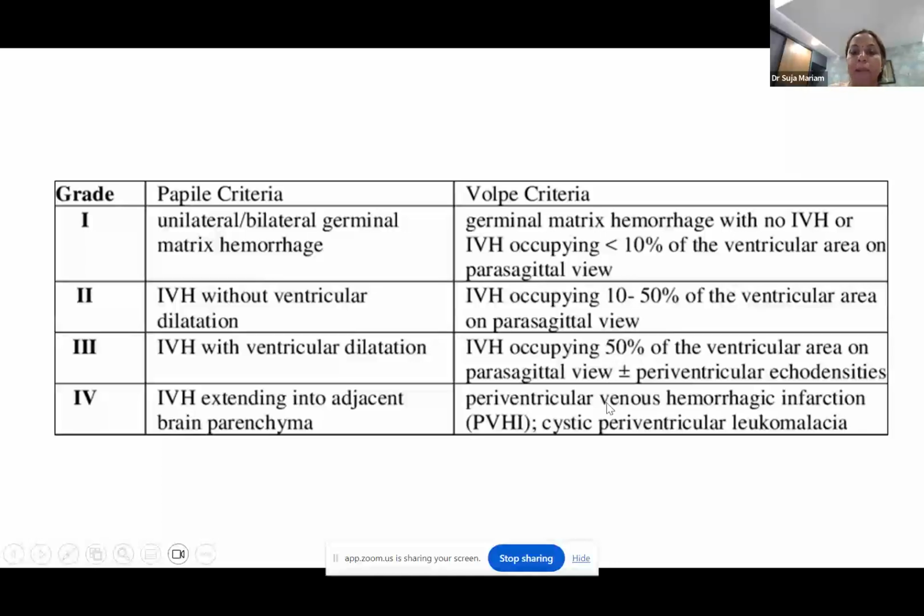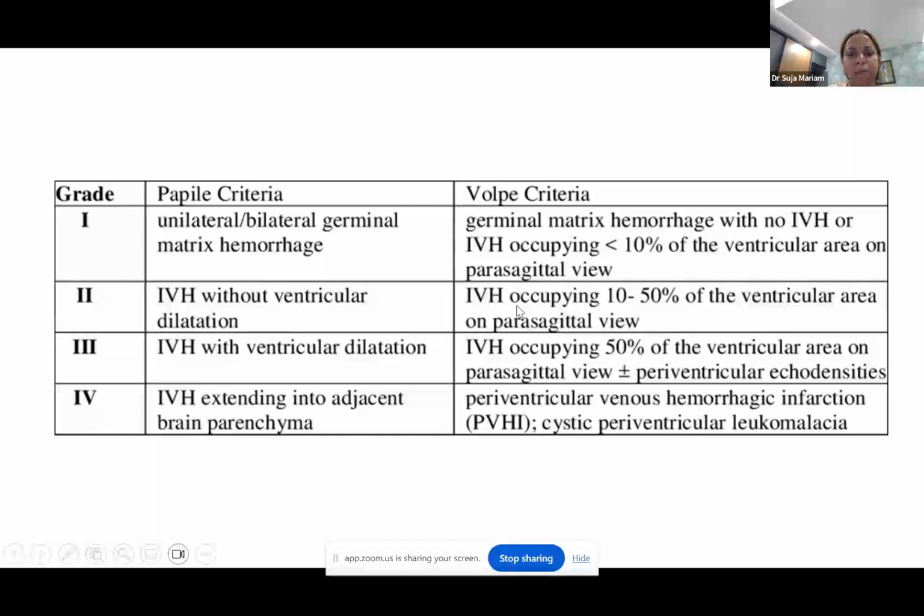And if you have a periventricular hemorrhagic infarction or a cystic periventricular leukomalacia, then you can call it grade 4. So here there will be hyperechogenicities along the ventricle, or there will be hypoechogenicities with cyst formation. We didn't have both of them, so on the left side I would have to document it as grade 3 intraventricular hemorrhage.